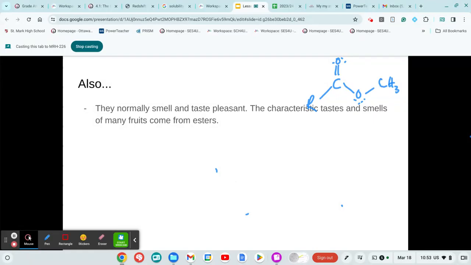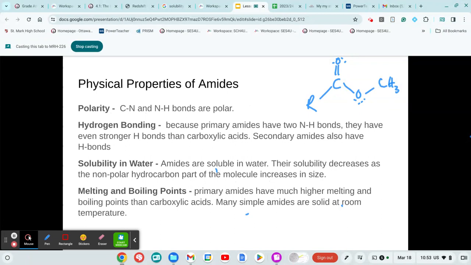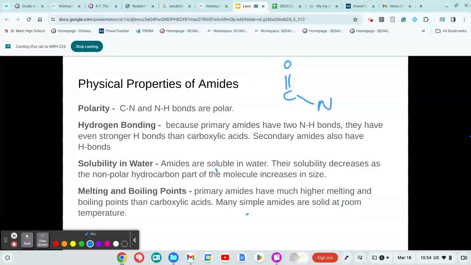And then lastly, we've got the amides. I guess I didn't need to erase all that. But remember, amides still have that carbon double bonded to the oxygen, but now that carbon is bonded to a nitrogen.